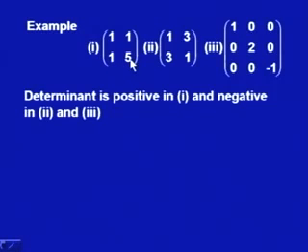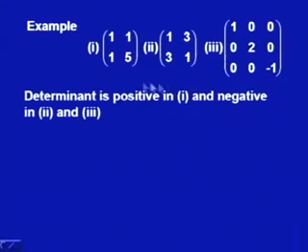So the first is a positive definite form, but in the second case the first submatrix has a positive determinant, but if you consider this submatrix, then its determinant is 1 minus 9, which is negative, so it is not positive definite. And in the third case again one of the eigenvalues is negative, so this is also not positive definite form.